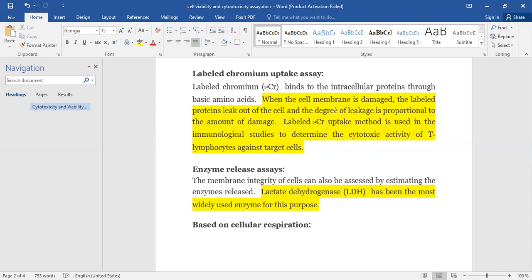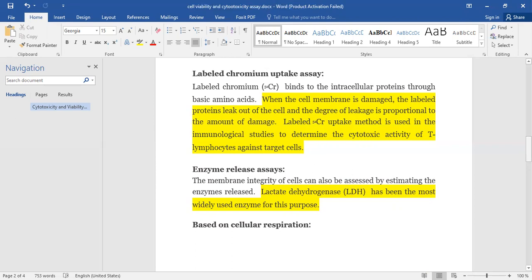So if the cellular parts are bound, it indicates that the cell is not viable. This test is for the analysis of cells which are not viable.